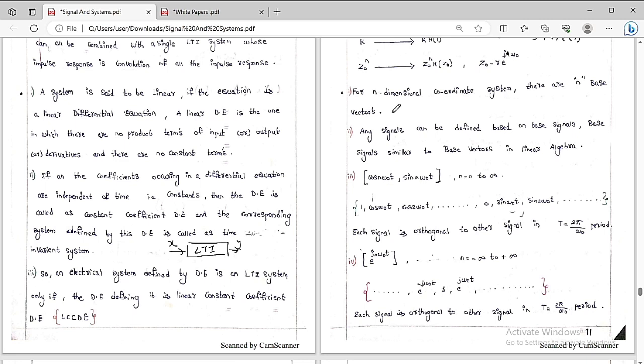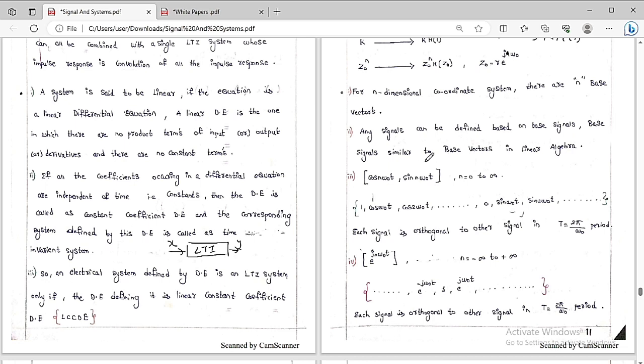For a three-dimensional coordinate system there will be three base vectors, and with the help of those three base vectors we can figure out any point in the three-dimensional coordinate system. Similarly, for the one-dimensional coordinate system, with the help of one base vector, we can represent any point. So simply I can say, for an n-dimensional coordinate system, there will be n base vectors, and with the help of these n base vectors, we can represent any point in this n-dimensional coordinate system.